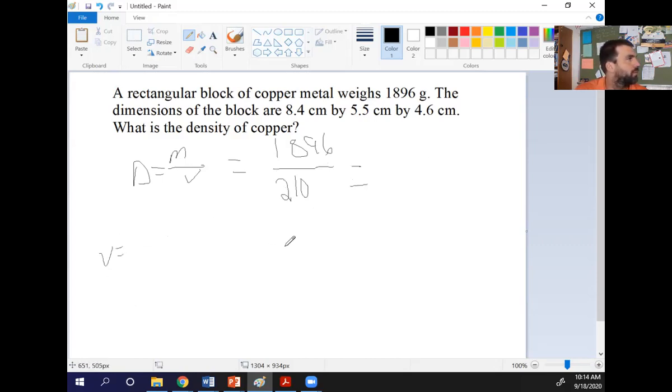I need that to the correct number of significant figures. How many significant figures do I need? 2. So what's the 9 point what? So that'd just be 9.0 then, wouldn't it? And it's grams per centimeter cubed.